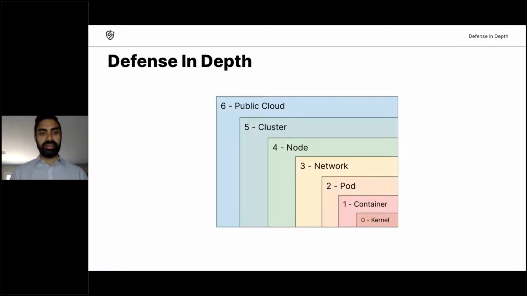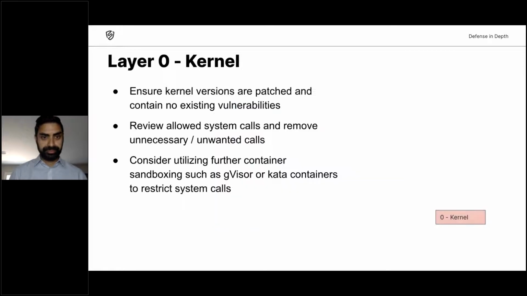I always talk about defense in depth. It doesn't matter how your application is deployed, you want to be able to defend against attacks using a multi-layer approach. When it comes to containers and container orchestration, we'll want to ensure that we are securing the cluster at every stage. Let's start with layer 0, which is your kernel.